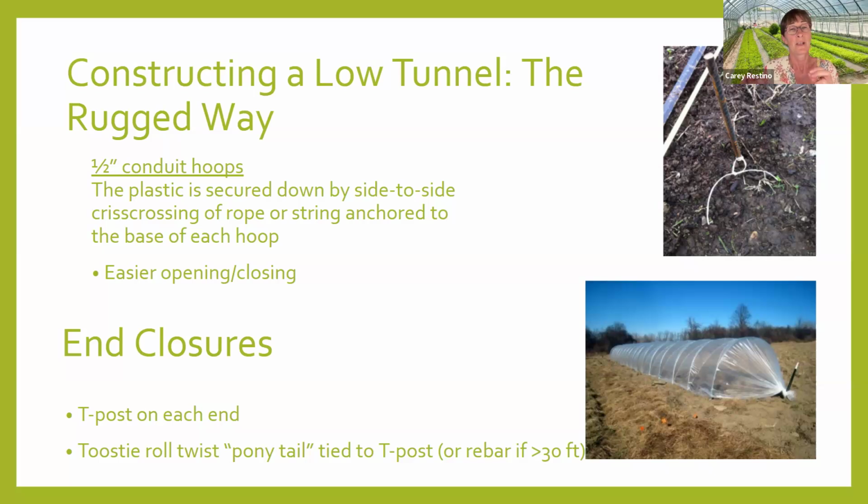And then I use zip ties personally at the base where the hoop goes into the ground, and I'll put 2 zip ties on, one inside the other. The one I will cinch down as tight as I possibly can, and then there'll be another one inside that I make a loop with, and that's what I tether my string with.